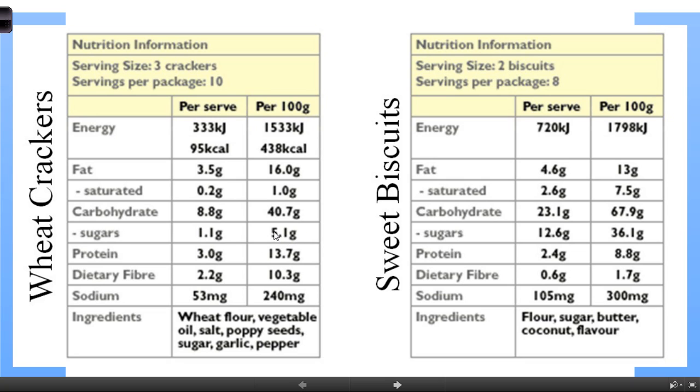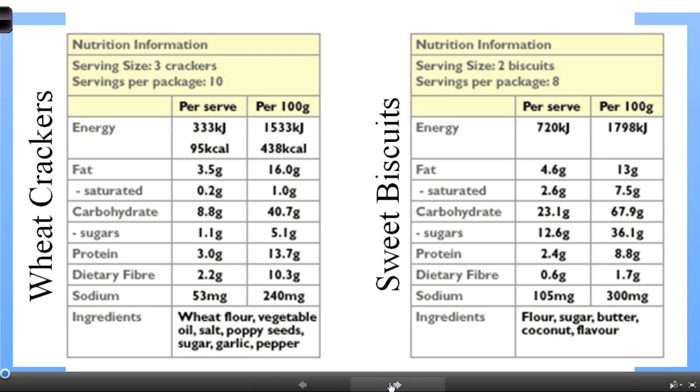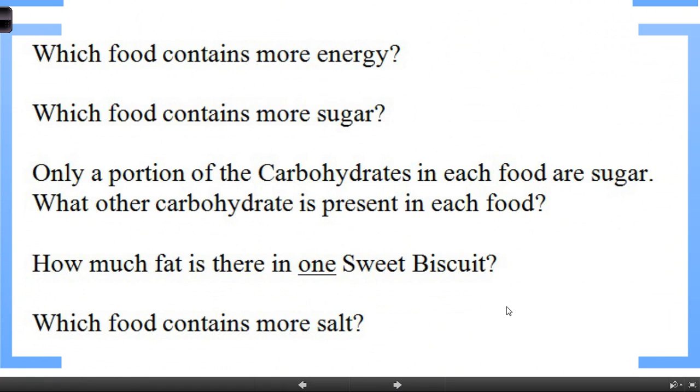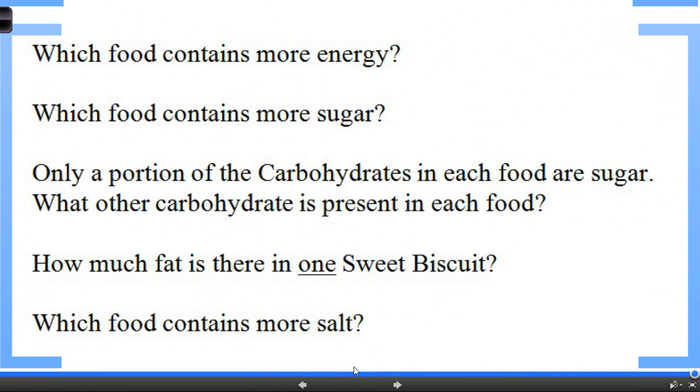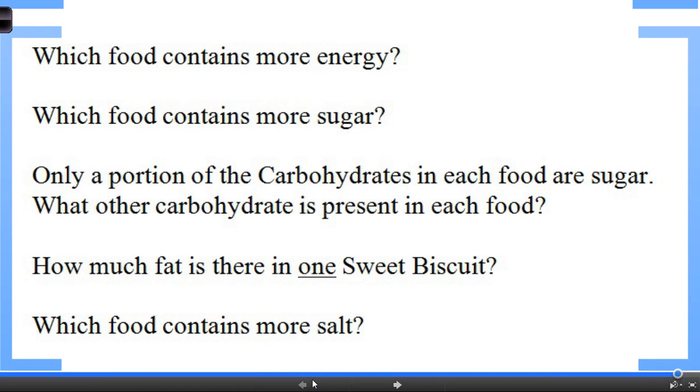It might show sugars down here, for instance. Sometimes it would even separate both of them out. So it had sugars 5.1, and how much starch would be in there? Well, 40.7, take away 5.1, that would be 35.6. So sometimes it might actually even show sugars there, 5.1, and then it might say starch, 35.6. Cool, fantastic.